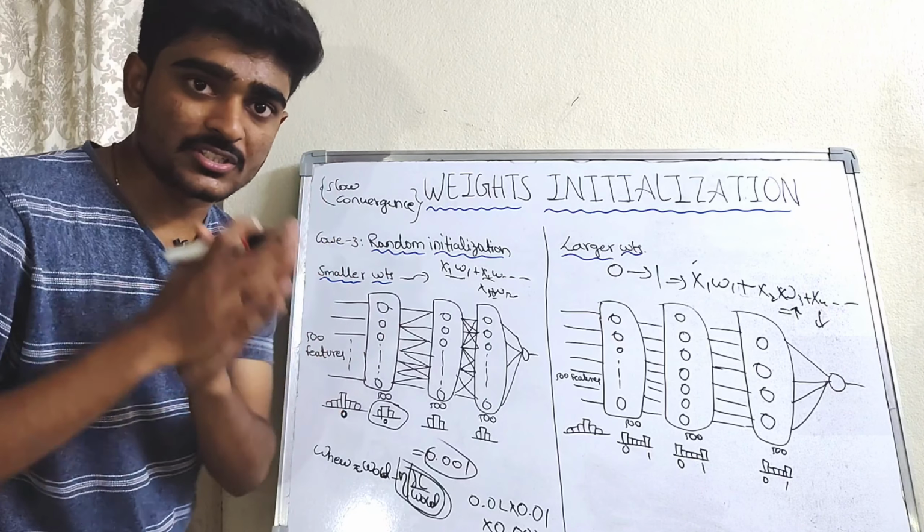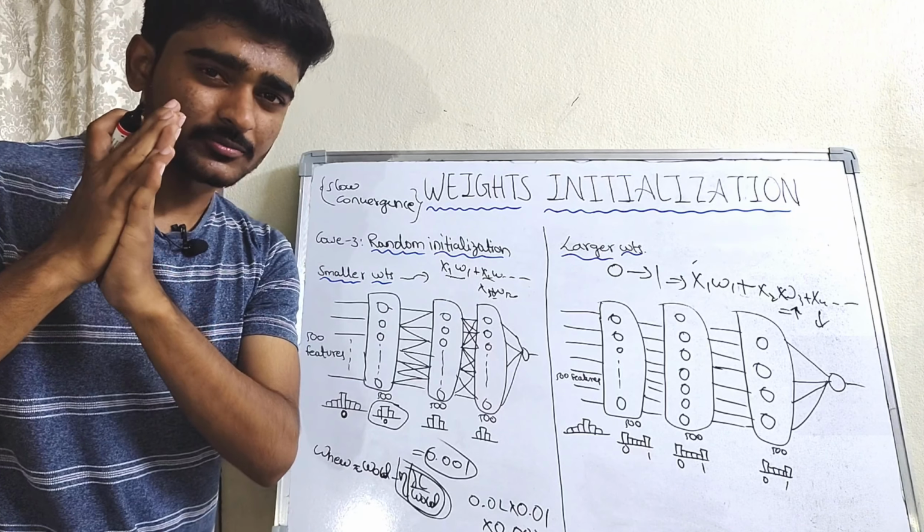It may be extreme 1 or it may be extreme 0. So that is why the activation function outputs of each hidden unit will be 0 or 1. That is what this Gaussian distribution specifies.